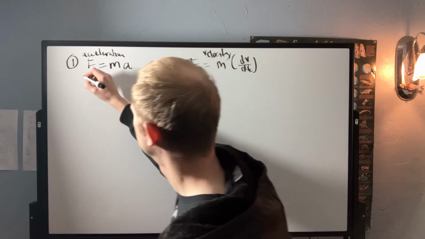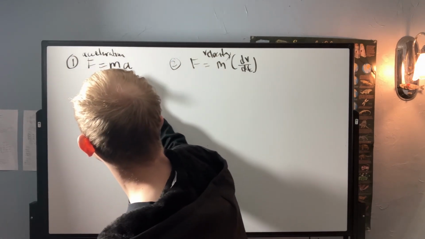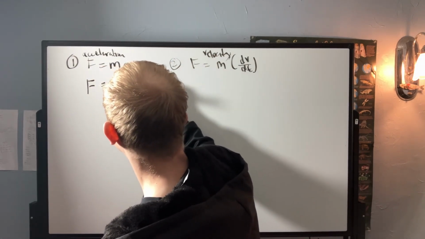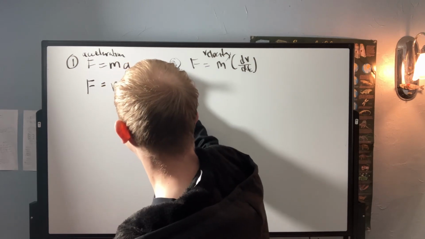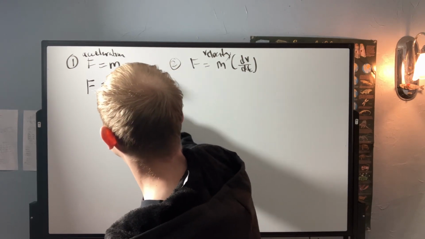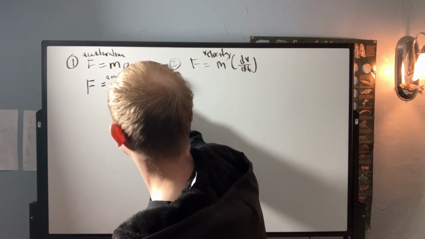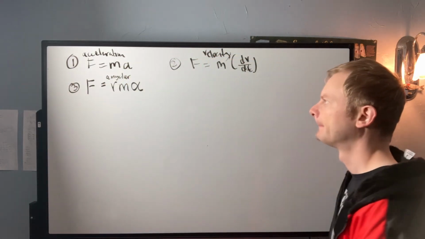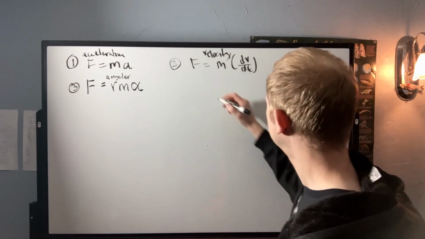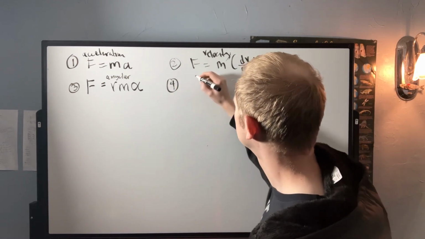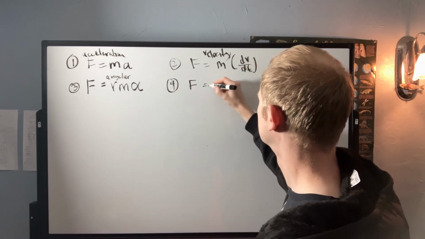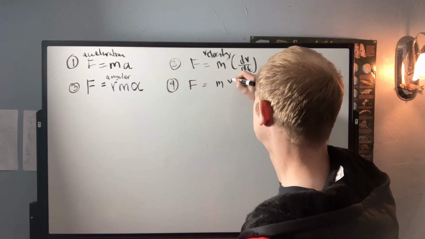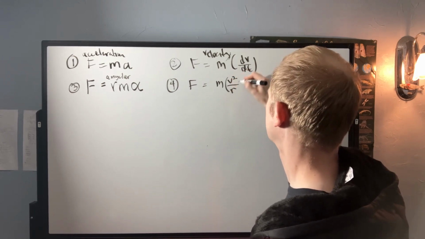Let's go to the next one. Perhaps you're given angular acceleration. That would be more like this alpha. This is angular acceleration, equation 3. Maybe they're given centripetal acceleration or something, so F equals mv squared over r.